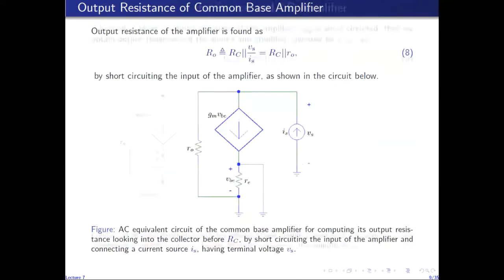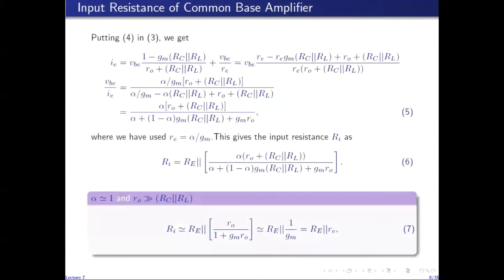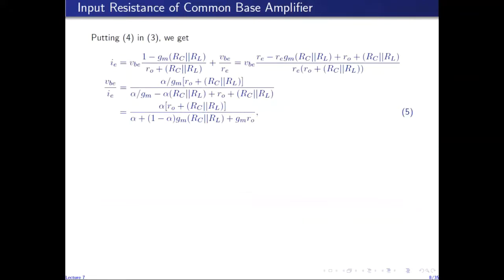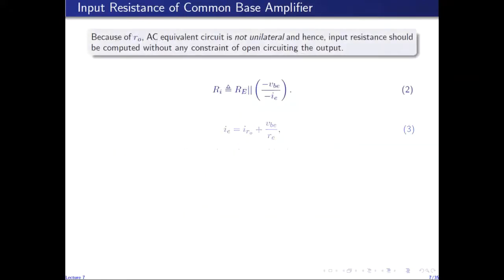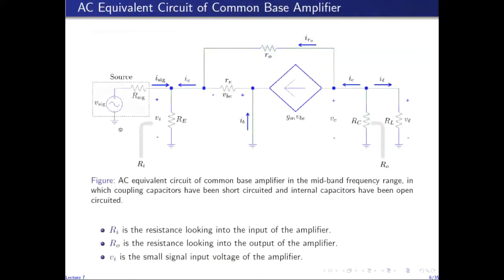Furthermore, we can find the output resistance of the common base amplifier by, instead of short circuiting Vi to 0, short circuiting Vsig. Short circuiting Vsig, the output resistance of the amplifier in that case is denoted by Rout. So when we short circuit Vsig to ground, this end of Rsig is connected to ground, which brings Rsig in parallel with RE. So the emitter is not grounded anymore.